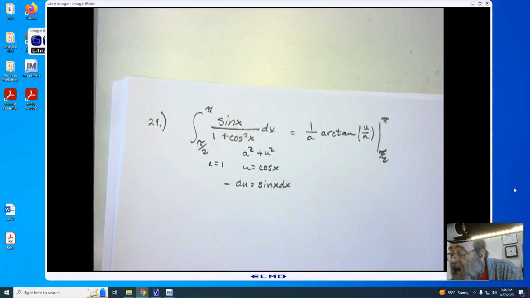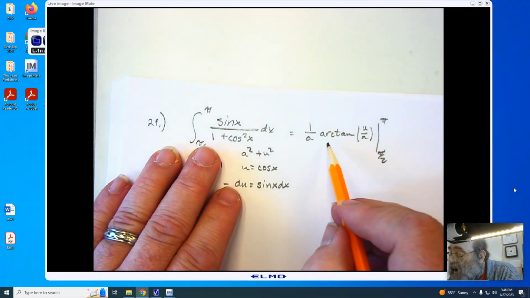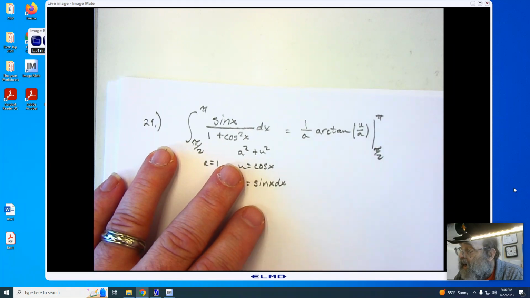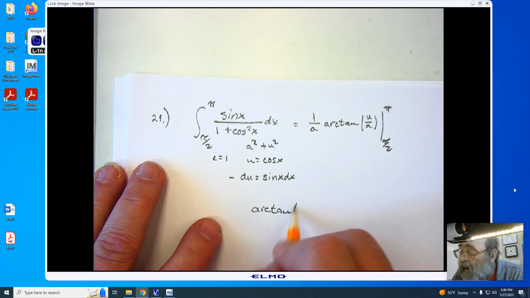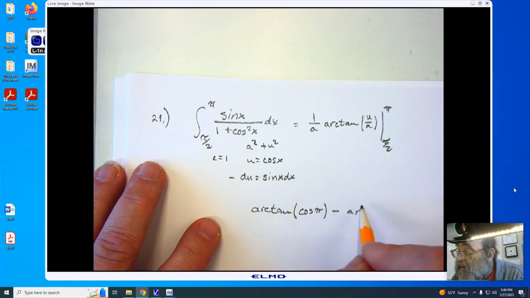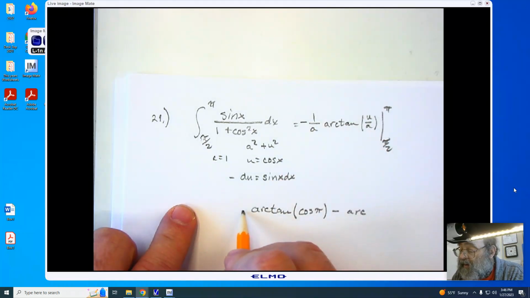So we're now going to plug in our a value, which is a 1. Notice that's going to just give me 1 arc tangent of cosine of x divided by 1. So this is the arc tangent, and I'm putting in the cosine of pi minus the arc tangent. Let's make sure I have my correct negative that should be in front.